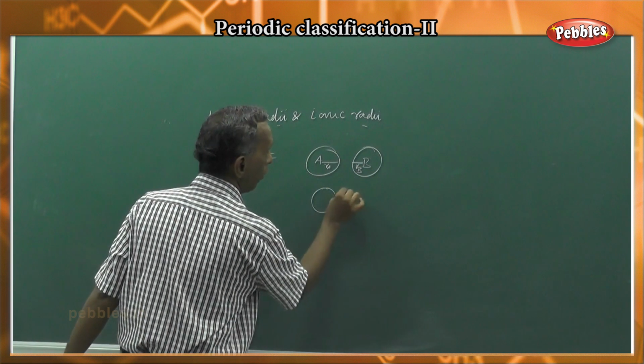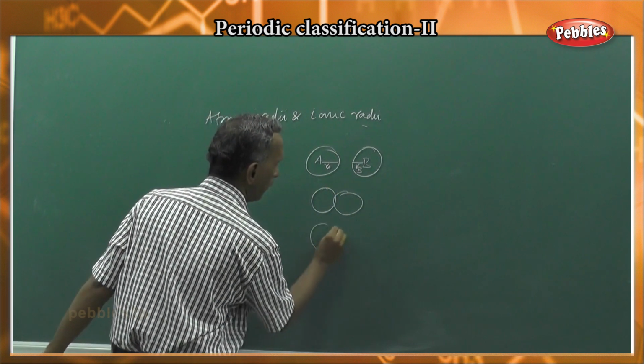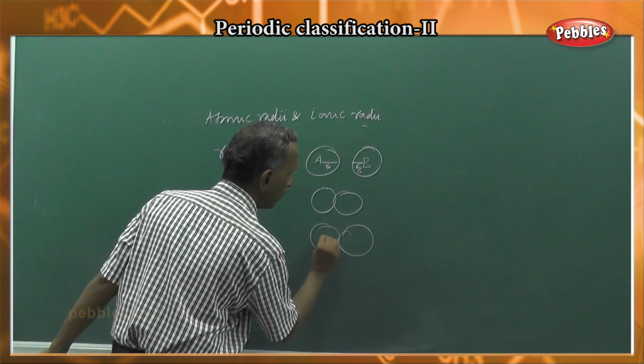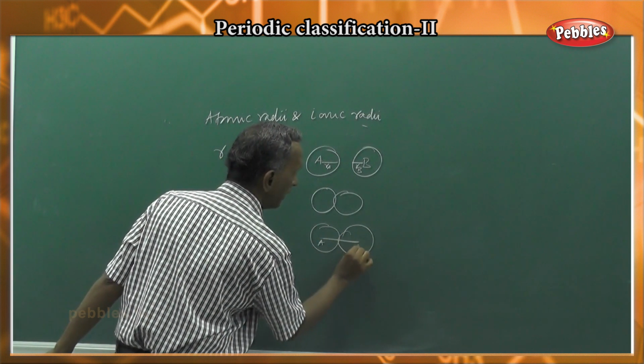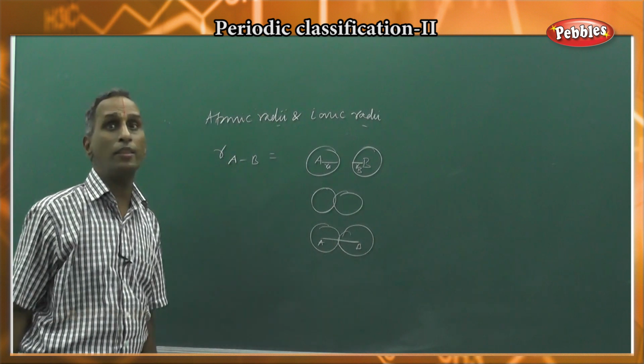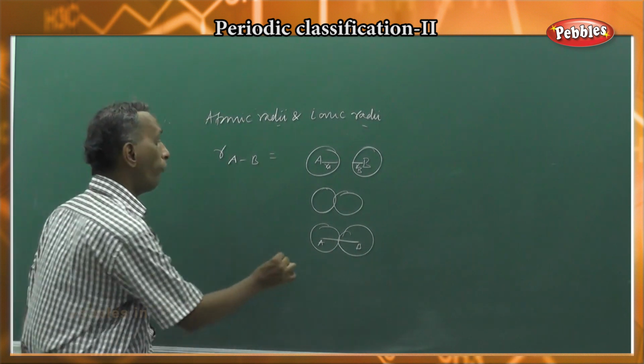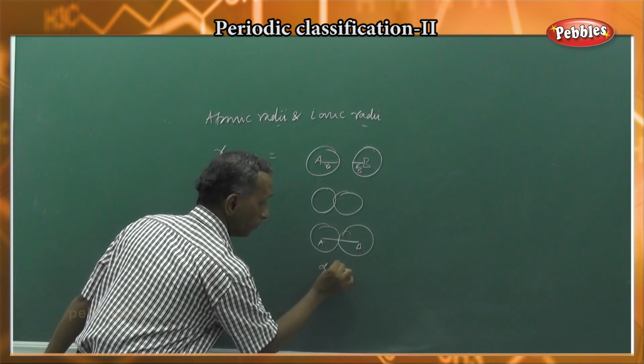When they are in contact, the distance between the centers is twice the radius, or half of the distance between the two atoms.